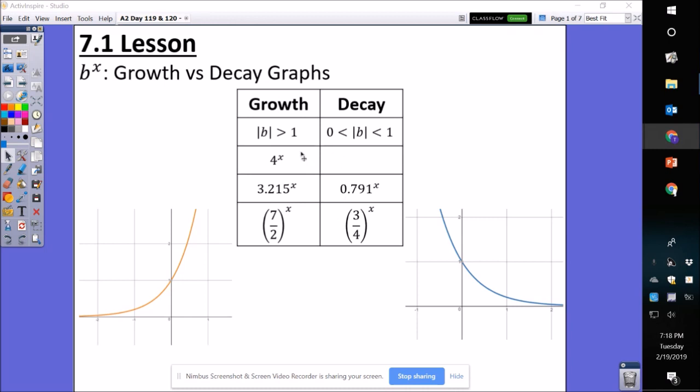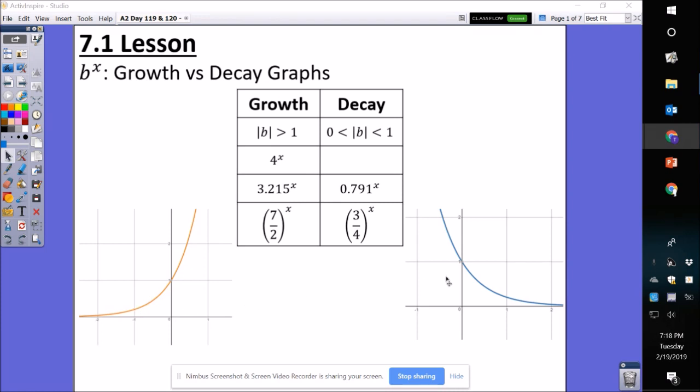So when we're graphing exponential functions, you need to know which way the graph is going to go. For example, at the bottom left, the orange graph: when you're looking from left to right, it starts from the asymptote and then it will increase as you move along towards the right.